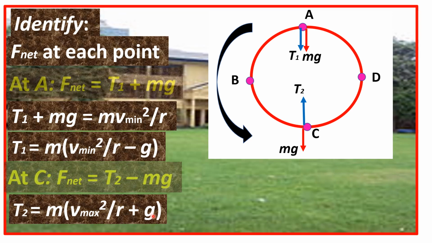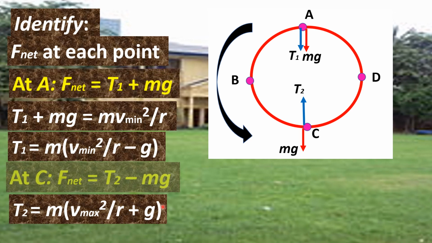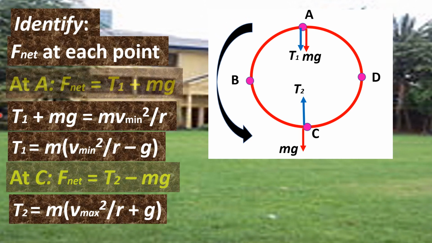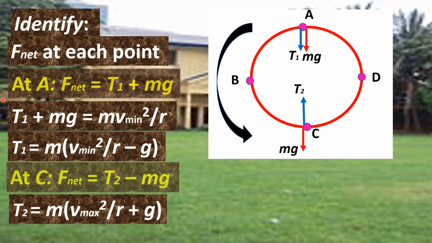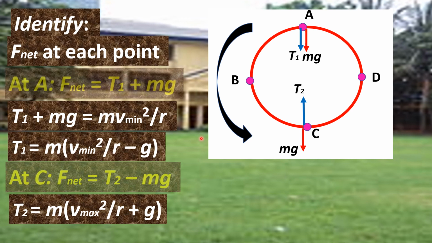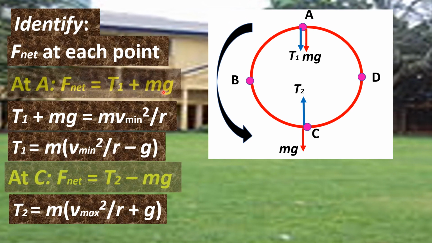We just factored out the mass m, and as you can see, if you want to compare the two tensions, T sub 1 and T sub 2, which do you think has the greater magnitude? T sub 1 or T sub 2?